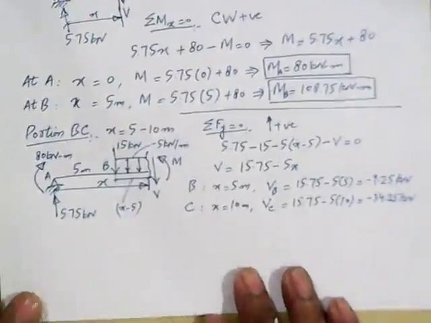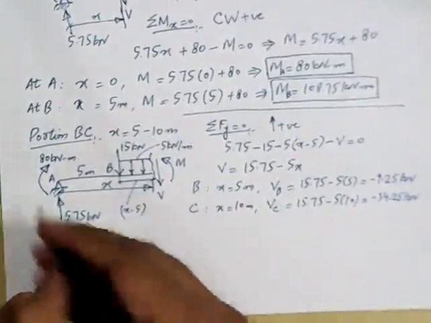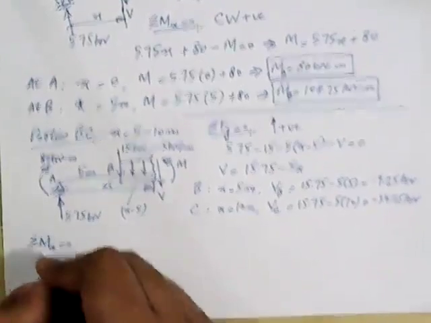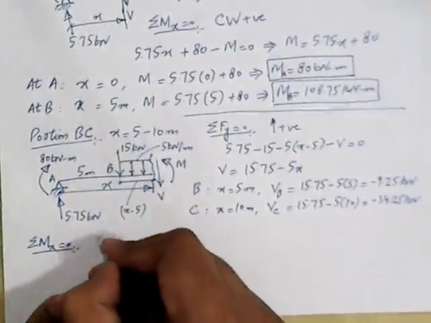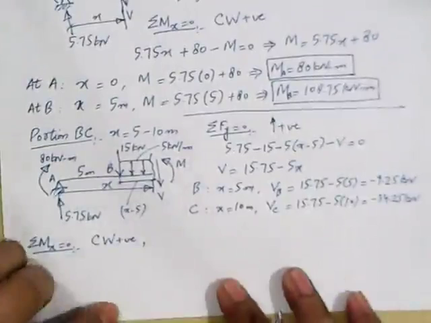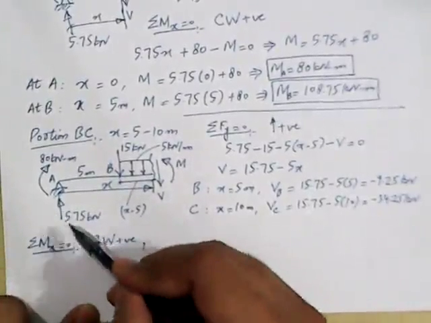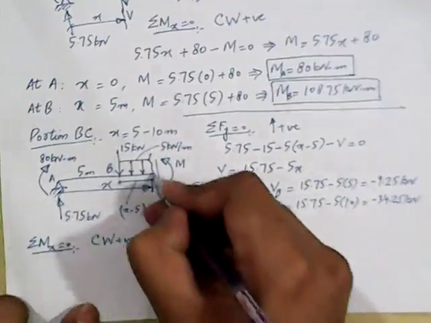Okay, now let's go ahead and calculate the value of bending moment for these points. For that, we'll take sigma Mx equal to 0, and our convention will be we'll take clockwise as positive. Alright, so let's write down the equation. Now, starting from this end, 5.75 kilonewton force acting in upward direction will produce clockwise moment about the section.